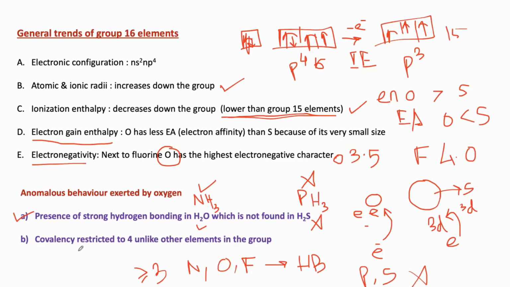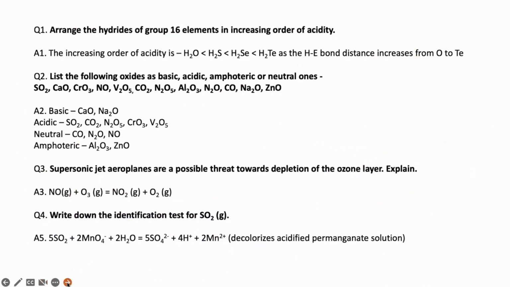Here also the covalency is restricted to 4, unlike other elements in the group. In most cases, the covalency shown by oxygen is 2. In some minimal cases, the covalency can be expanded to 4, but in most cases oxygen's covalency is restricted to 2 only.